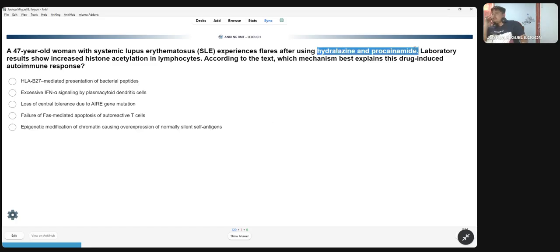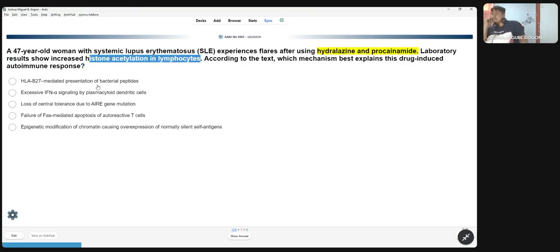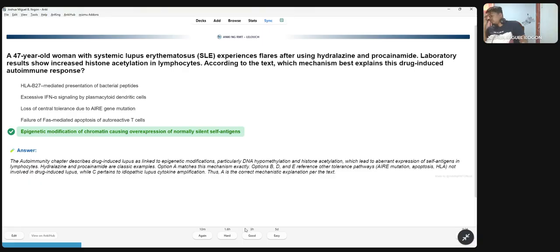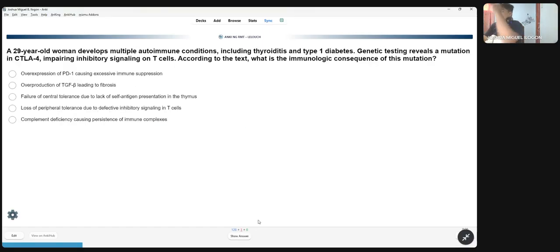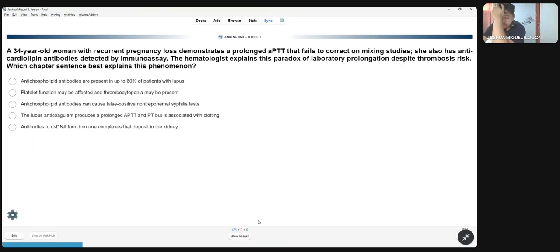Hydralazine and procainamide. Histone acetylation. Why do I forget CTLA4 is for peripheral tolerance?